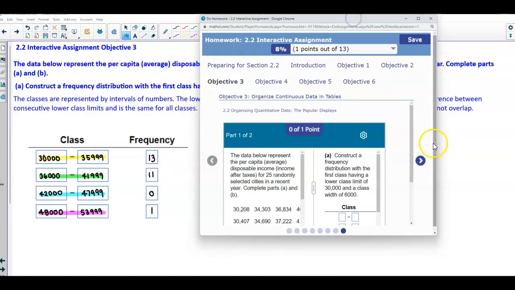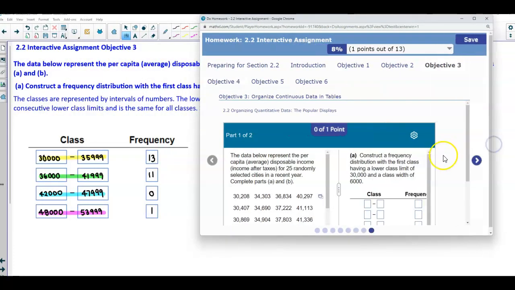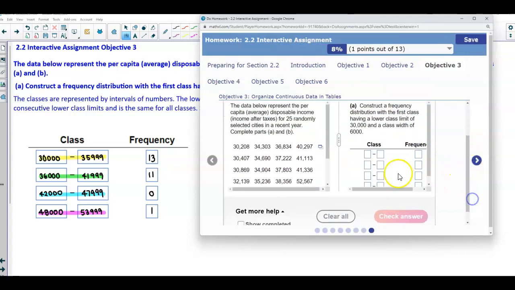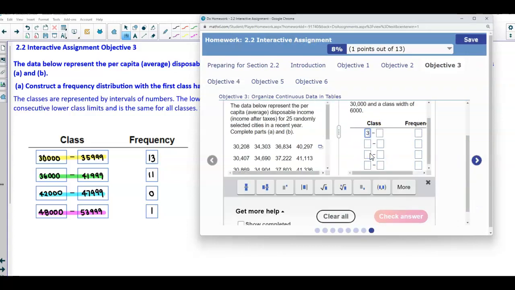First we're going to put in our classes to make sure that we are correct. So we have 30,000 to 35,999, 36,000 to 41,999, 42,000 to 47,999, and then 48,000 all the way to 53,999.